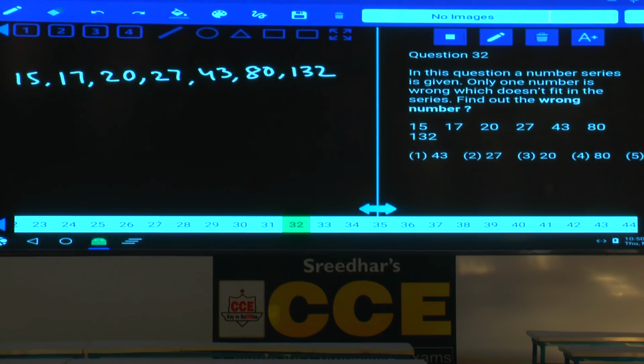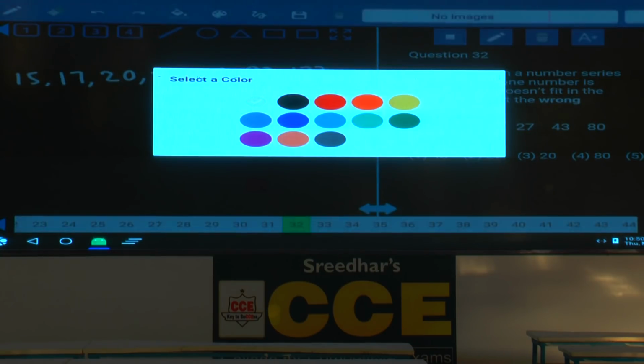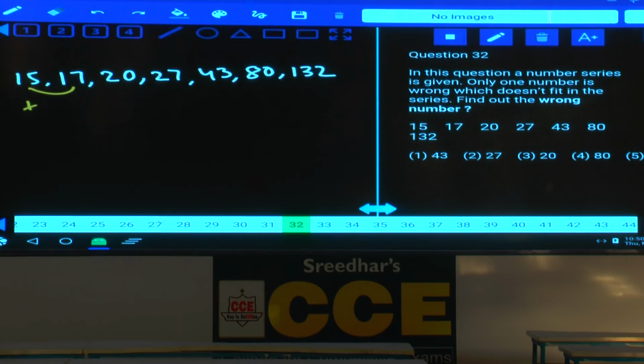First we need to find the difference between these numbers. Tell me, what is the difference here? 15 and 17, plus 2; 17 and 20, plus 3; 20 and 27, plus 7, isn't it? 27 and 43, the difference is 16, and 43 and 80, what is the difference here? 37, and the next one is 52.